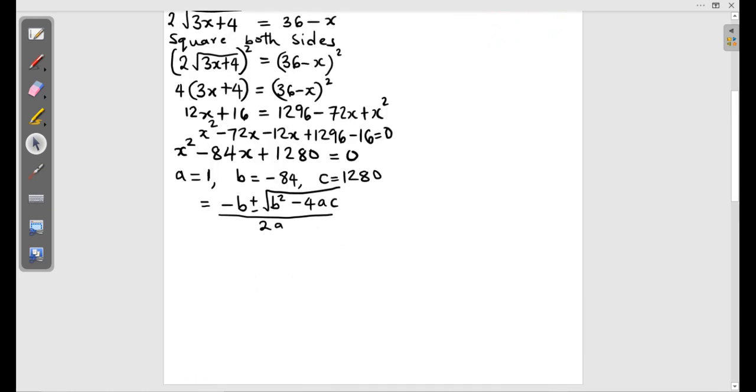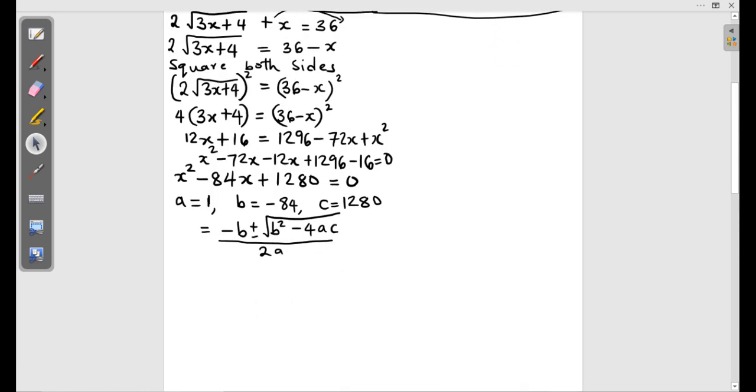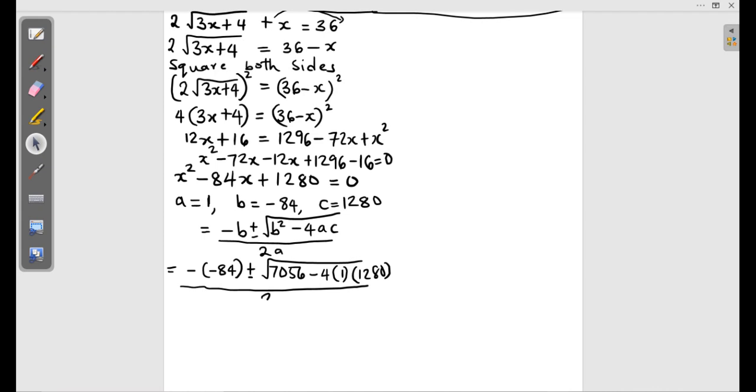Doing that would give us minus b, which is now negative 84, plus or minus the square root of negative 84 squared, which will definitely give you a positive result, 7056, minus 4 times a, which is 1, and c, which is 1280, all divided by 2a, which is 2 times 1.